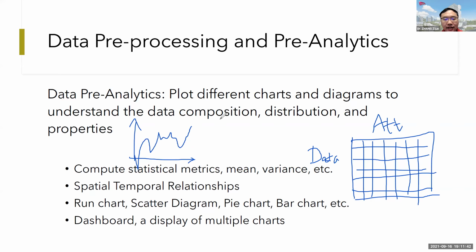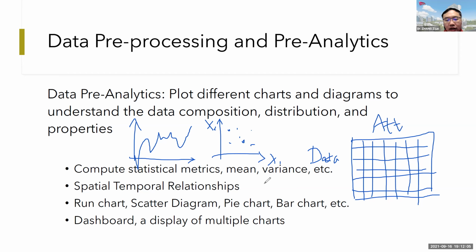And also a scatter diagram between two attributes. For example, we have attributes x1 and x2. We draw scatter diagrams, and we can see how they are correlated. The dots are scattered data points.